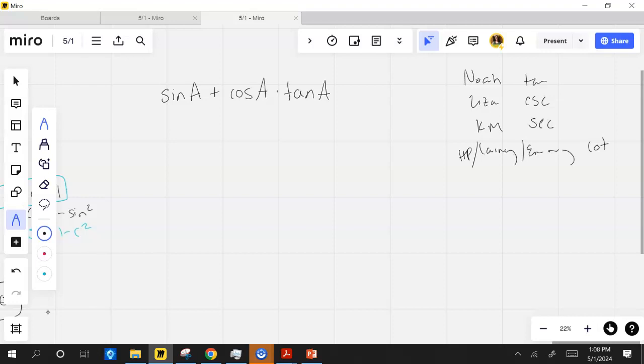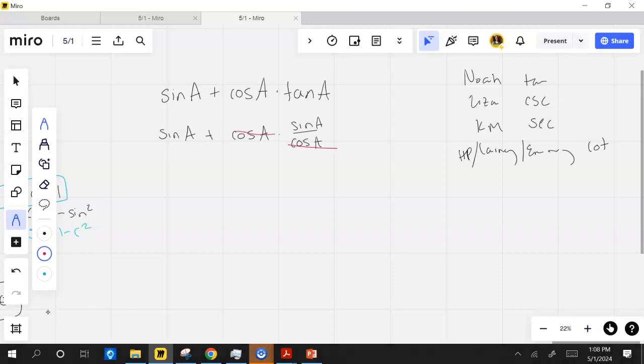All of the above. All right, let's see who's right. Just looking at it. Oh, actually, tan and cosine. Yes, Miguel, you are correct.